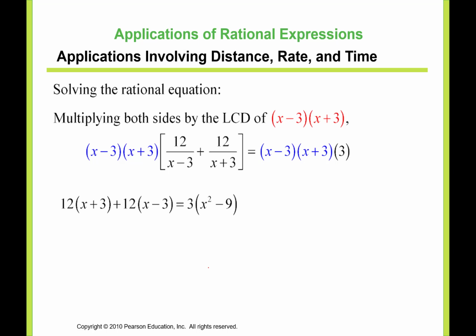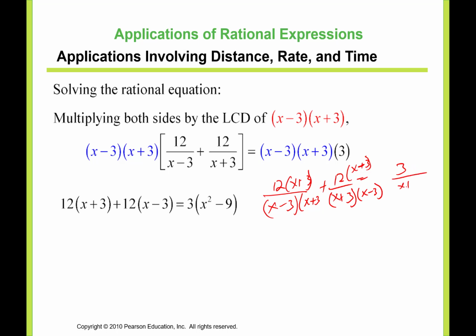Again, I want to make it very clear. If I've got 12 over x minus 3 plus 12 over x plus 3 equal to just 3, I multiply this by x plus 3, sorry, not x plus 3 right there, x minus 3 right there, because this is x plus 3, so I need x minus 3 right here to make it the same.